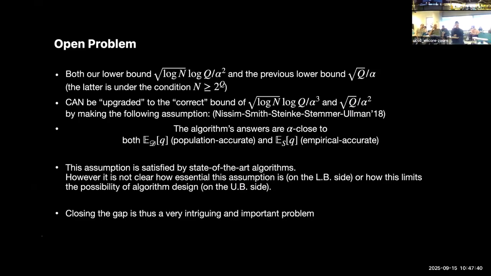And I should say this assumption is satisfied by all the state-of-the-art algorithms, whether you are doing differential privacy, subsampling, or anything in between. However, it's not clear how essential this assumption is on the lower bound side. Or if you're an algorithm person, it's also interesting to ask how this assumption limits the possibility of algorithm design. And I guess closing this gap is a very important problem.